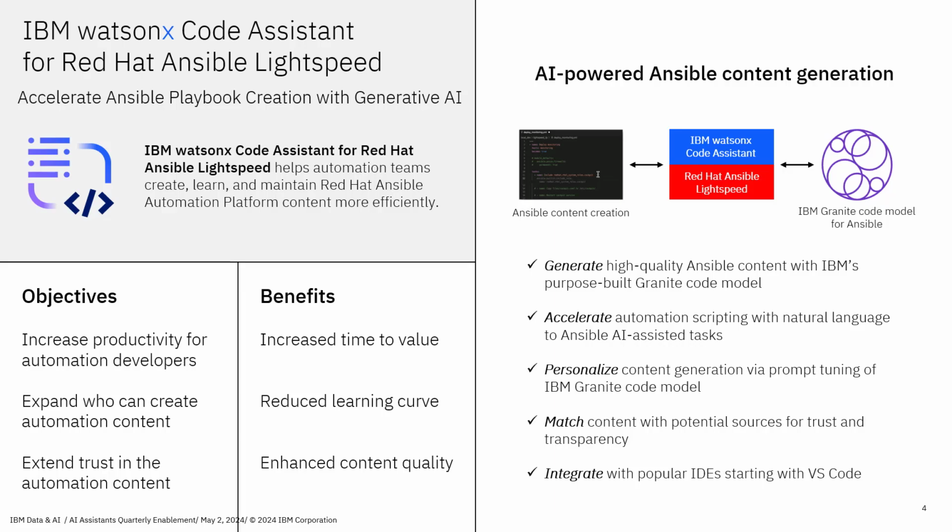The main benefits to the customer are increased productivity for the Ansible developers, better quality code as it uses best practice examples, and increased speed to develop the script, so you're going to deliver those servers quicker. It improves learning, so if you've got new Ansible developers, they can get up and running much more quickly. And like I said, it's increased quality of the Ansible scripts if you use Code Assistant.